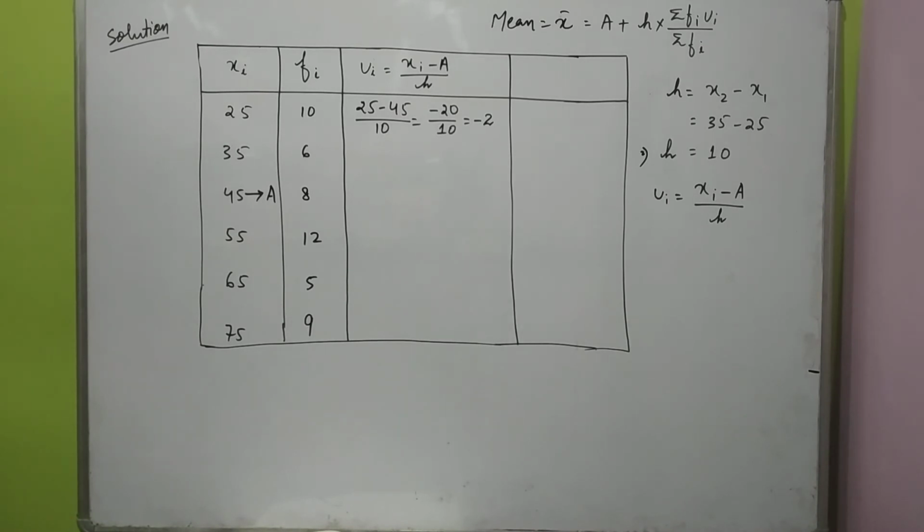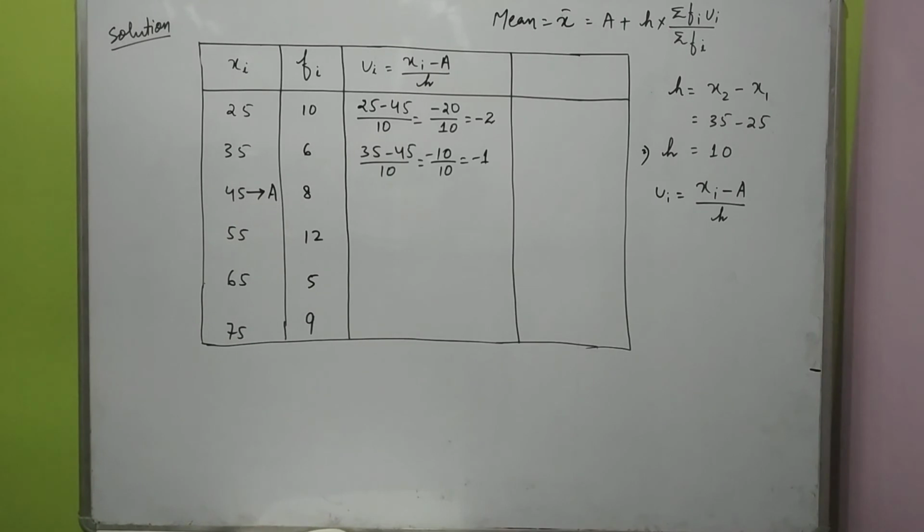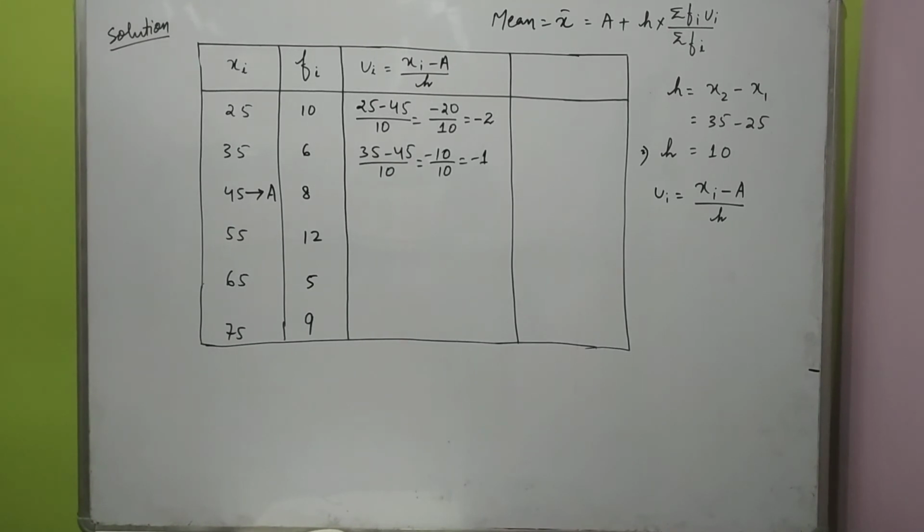Similarly, in the second row we get 35 as xi, 45 as a and 10 as h, and after calculation we get minus 1. Similarly we will complete the entire column of ui. After completing the ui column, we go to the next column, that is fi ui.